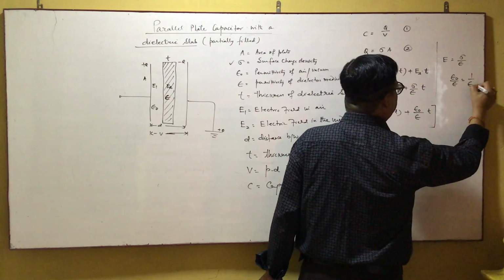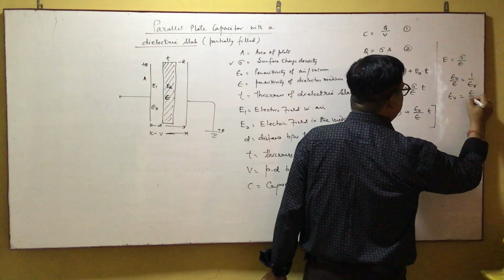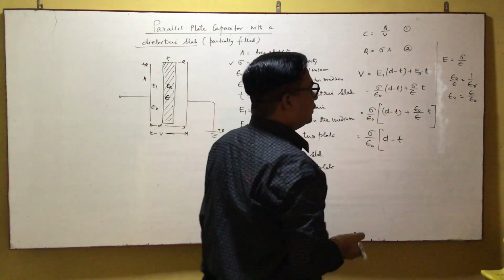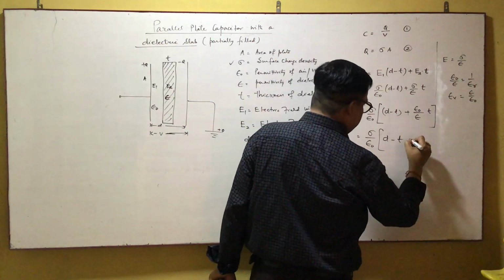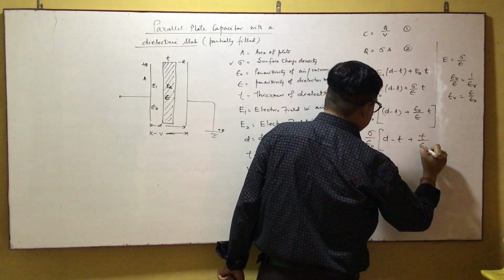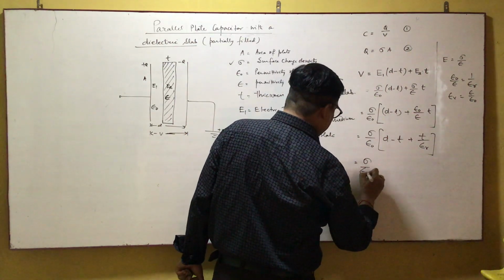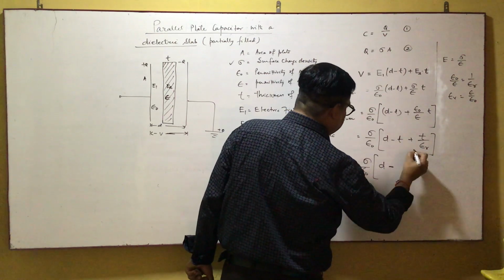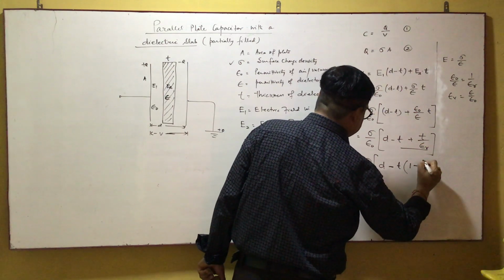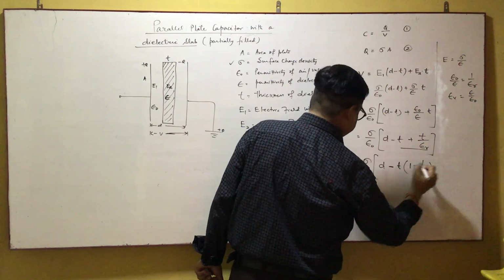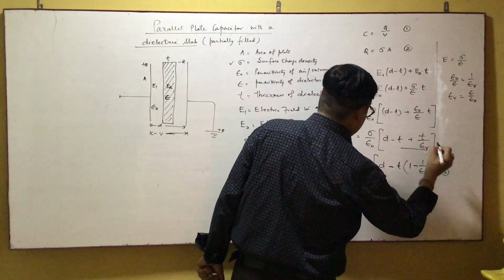It is 1 upon epsilon r, because epsilon r is epsilon by epsilon naught. So epsilon naught upon epsilon is 1 by epsilon r. So we can simply put T by epsilon r. And again in the next step we can write sigma by epsilon naught into D minus, in these two terms if we take T as common, T into (1 minus 1 by epsilon r). So this is the expression for V, known as equation number 3.